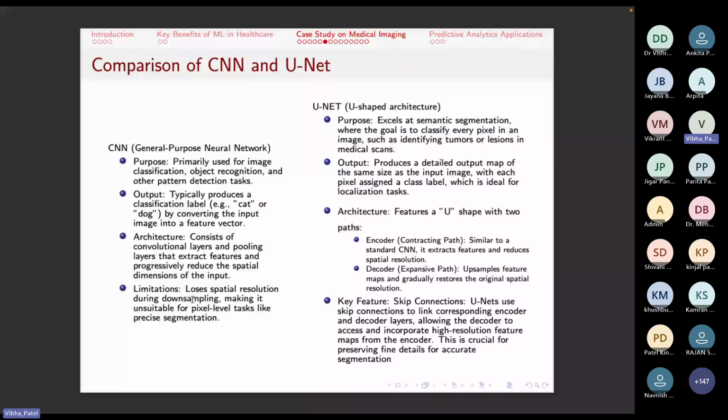And in order to perform this task, the name UNet is basically given based on the shape of the architecture. It's U in shape. So you have the encoder and decoder concept introduced in the U-shape path of the architecture, where the encoder is considered a contracting path and the decoder is an expansive path. Okay, so you continue reducing the features.